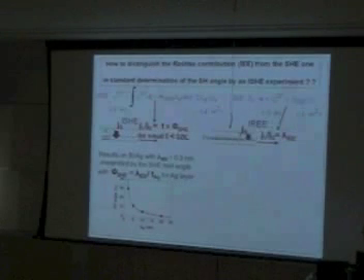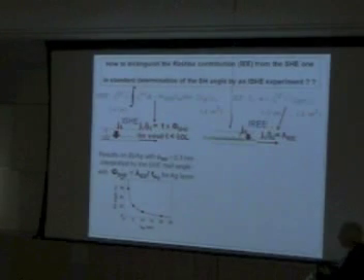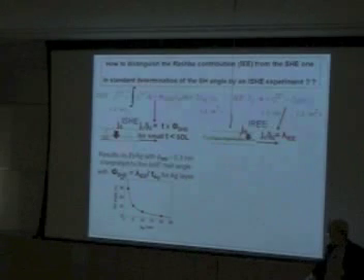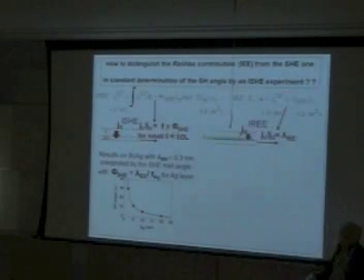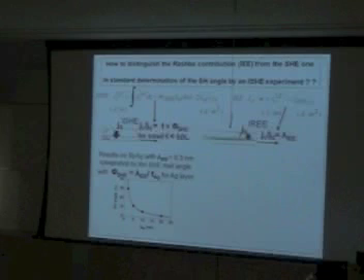So the practical question is how to distinguish this interfacial contribution, Rashba effect or topological insulator effects, from the bulk spinor effect.